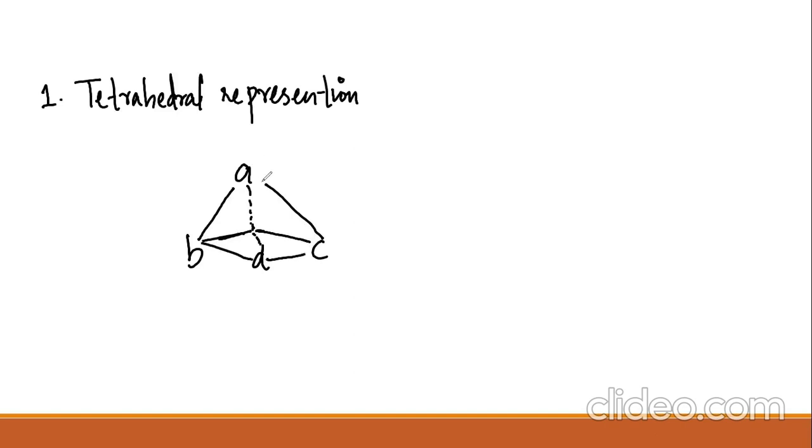This is a structure, isn't it? This is actually the tetrahedral structure, and three bonds are towards us and one of the bonds is behind that figure, isn't it? So here you can see one dotted bond, and this dotted structure represents that that bond is away from our eyes.